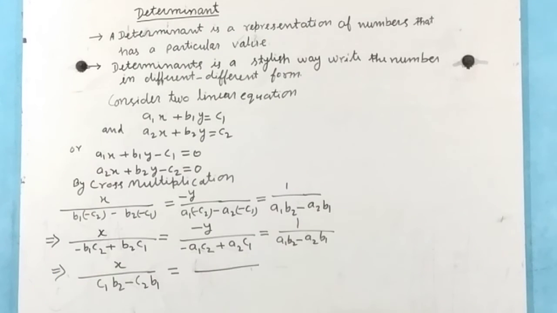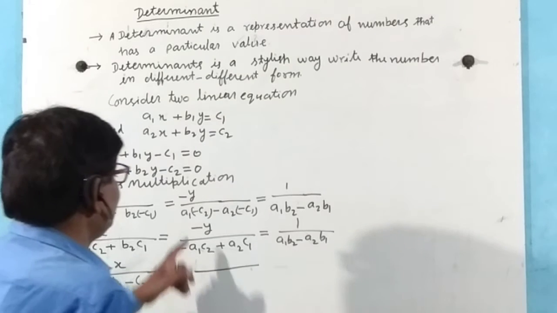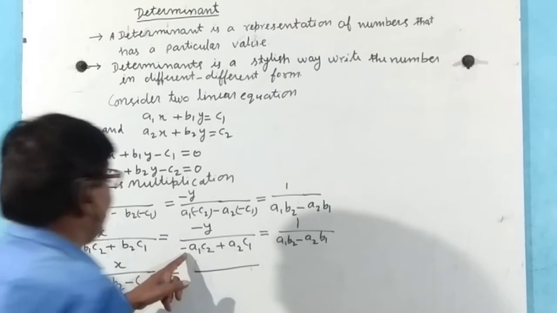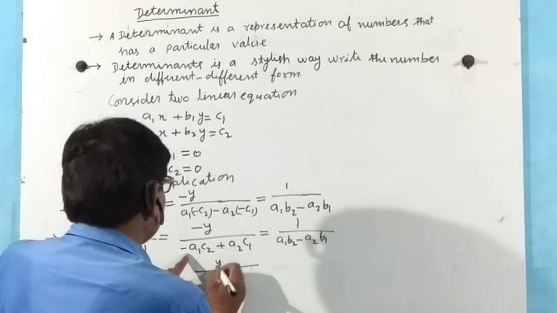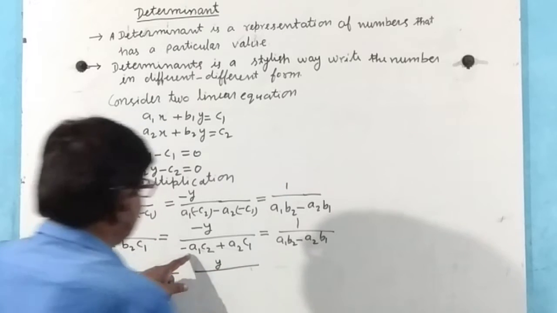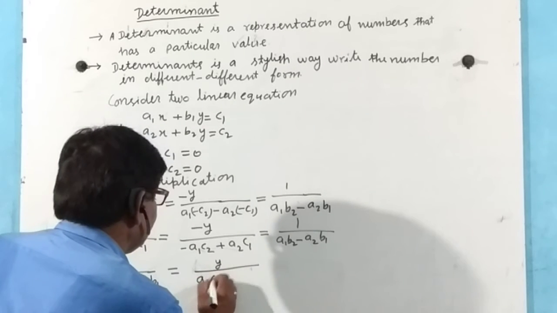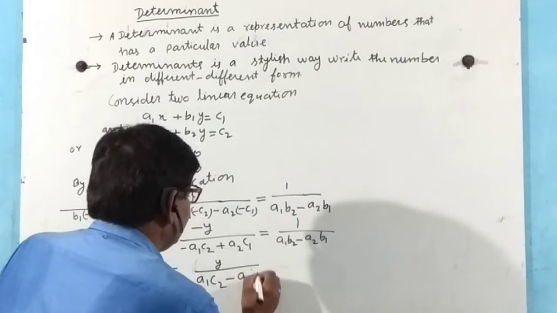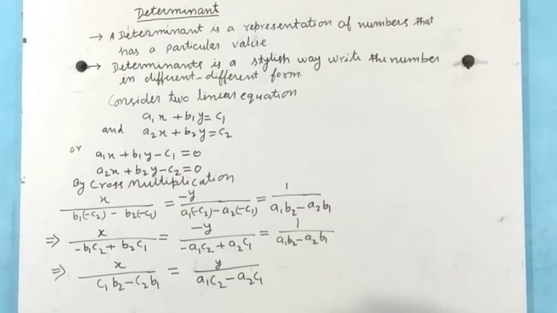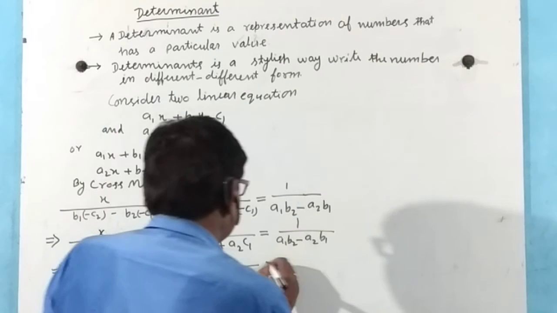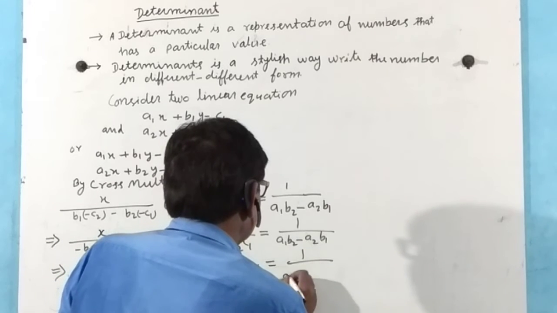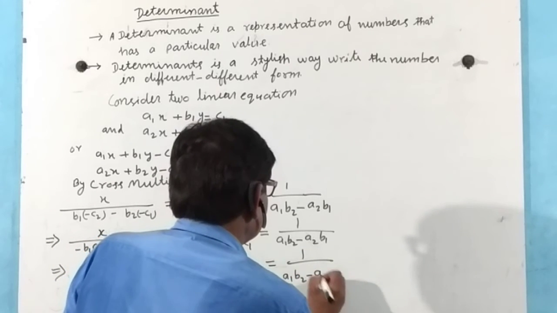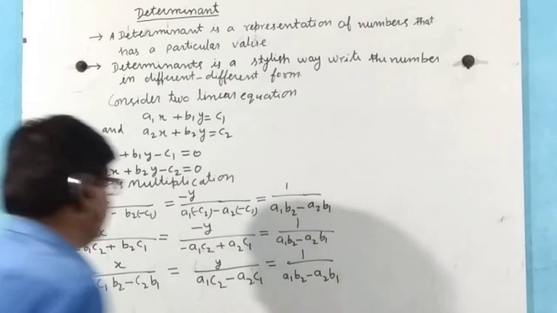Now in this case, this minus comes here, so that y by a1 c2 minus a2 c1, and this can be written as 1 by a1 b2 minus a2 b1.